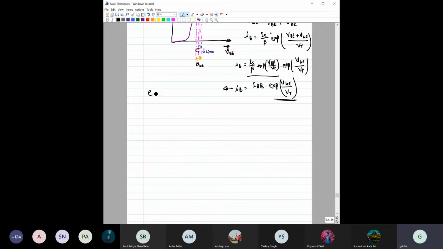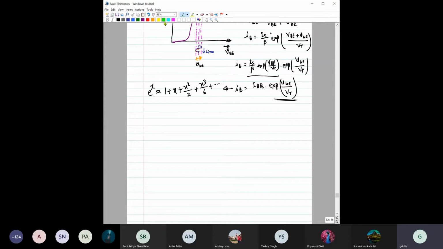Let me write it. See, e to the power x. How can we write e to the power x in series, the Taylor series? It is 1 plus x plus x square by 2 plus x cube by 6 plus and so on.